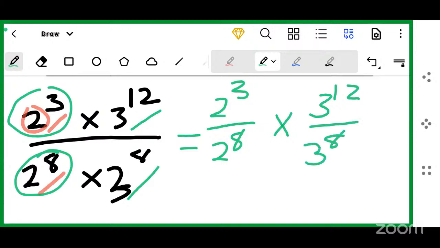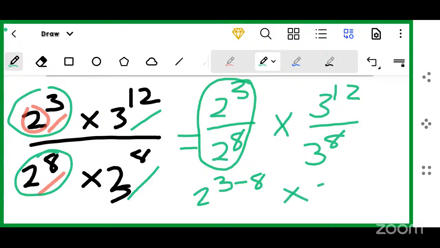I'm not so sure if it's a step that is supposed to be written, but you can treat them like this. Since these are dividing, the rule says if similar bases are dividing, we subtract the exponents. So we're going to have 2 to the power of 3 minus 8, multiplied by 3 to the power of 12 minus 8.